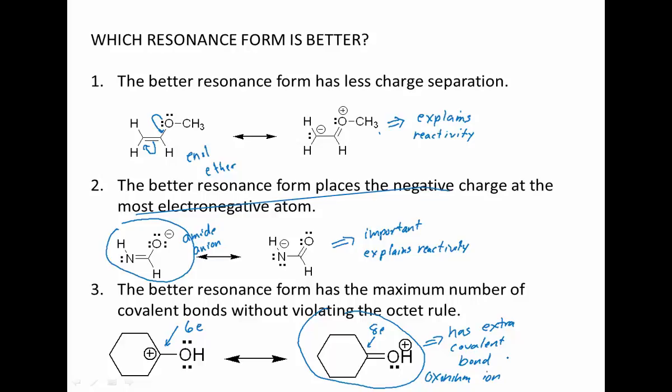There might be some consideration of that, but as we'll see when we look at bond energies, when you have an extra bond, that's a very stabilizing situation. So the extra bond you get by drawing the resonance form on the right makes it overwhelmingly the more important resonance form. Okay, so there's our answers.